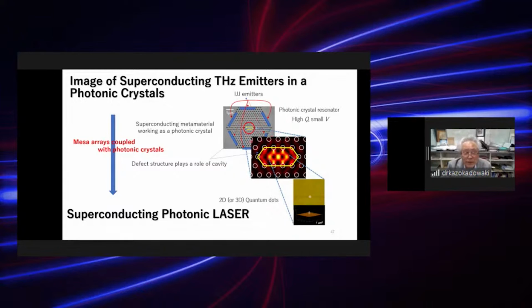So we are now designing this by simulating on a computer what kind of arrangement of those sources and what size of the holes or patterns, and so on. And of course, in some cases you can see such a high Q effect. So this photonic laser can be constructed by making arrays of IJJ around this.